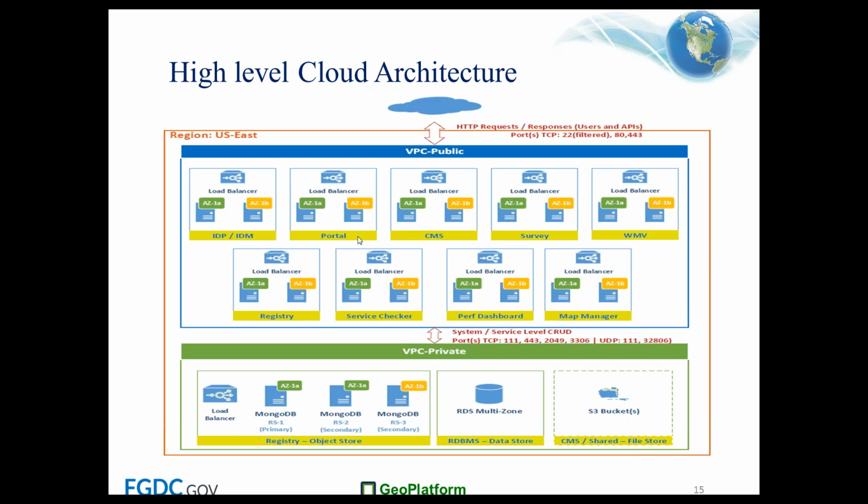So for example, the identity and access management is running in a VM that is load balanced between Amazon East and Amazon West, and the portal piece of the application is the same way. The CMS, which for those that want to know is Drupal, is in its own micro VM.